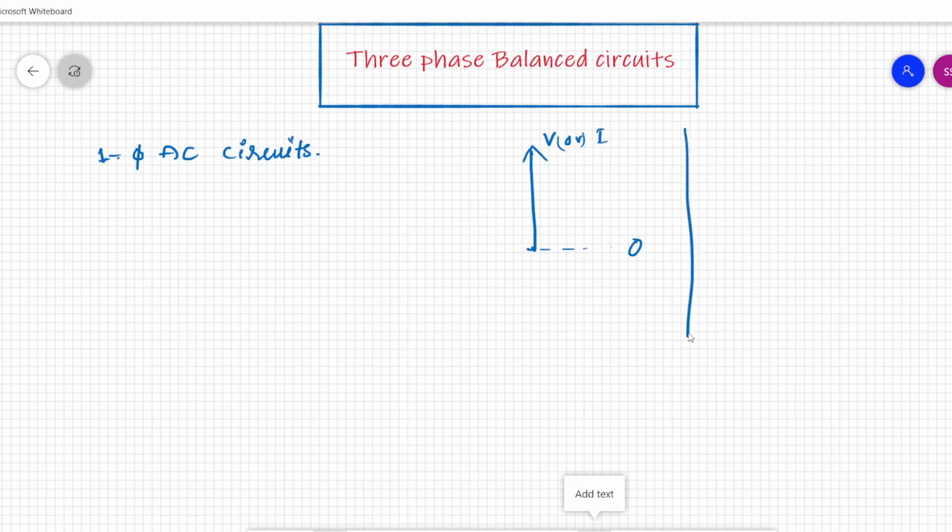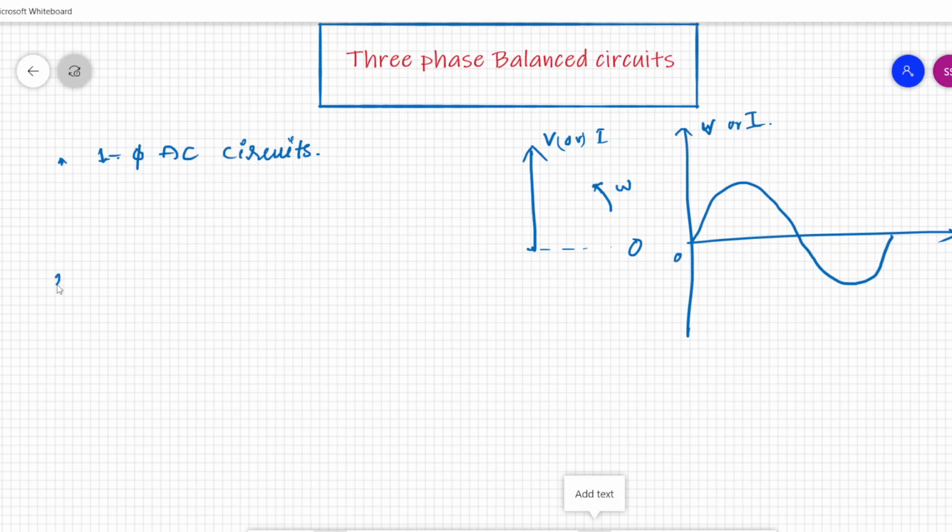We get a sinusoidal waveform based on this phasor rotation, rotating in anti-clockwise direction at an angular velocity of omega. So this was regarding the first unit for single phase AC circuits.